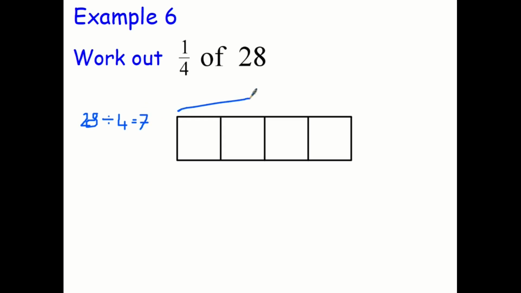Or thinking about it as a bar, that full bar has to be 28, and if I split it into 4 equal pieces, each one of those pieces has got to be 7 in order to get back to 28 at the top. And if you think about that bar model there, one of those pieces is a quarter, so 1/4 of 28 is 7.